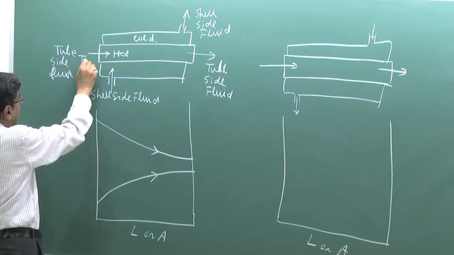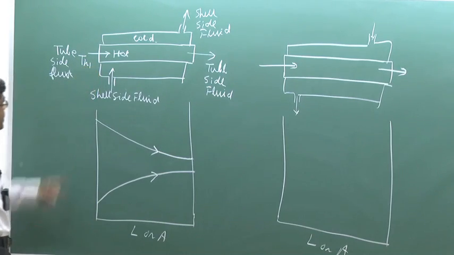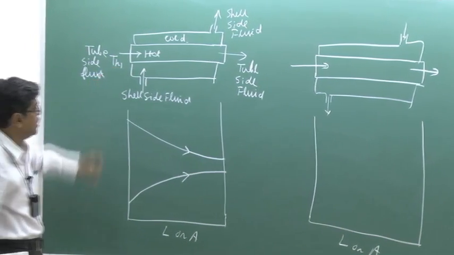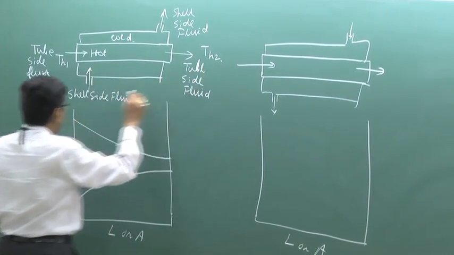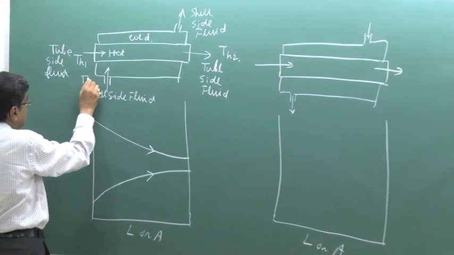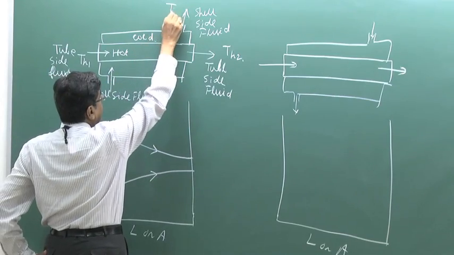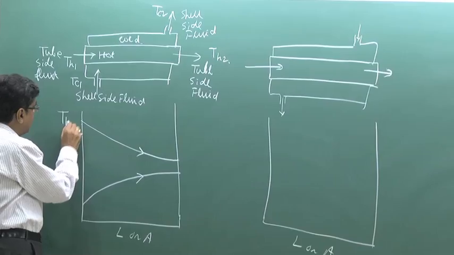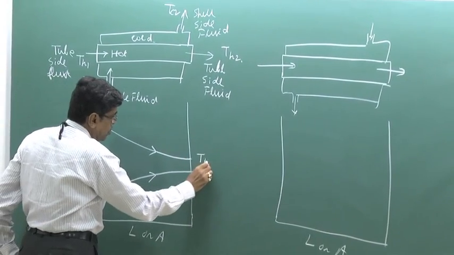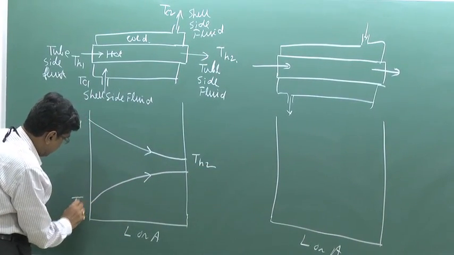H is the subscript for hot, and 1 is the inlet here in parallel flow. TH2 is the hot outlet. Similarly, cold inlet is TC1 and cold outlet is TC2. Then in this diagram we can show TH1, TH2, TC1, TC2.